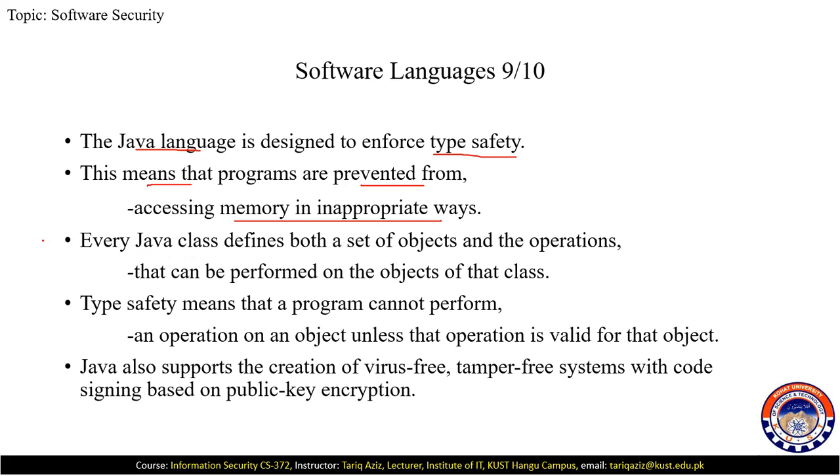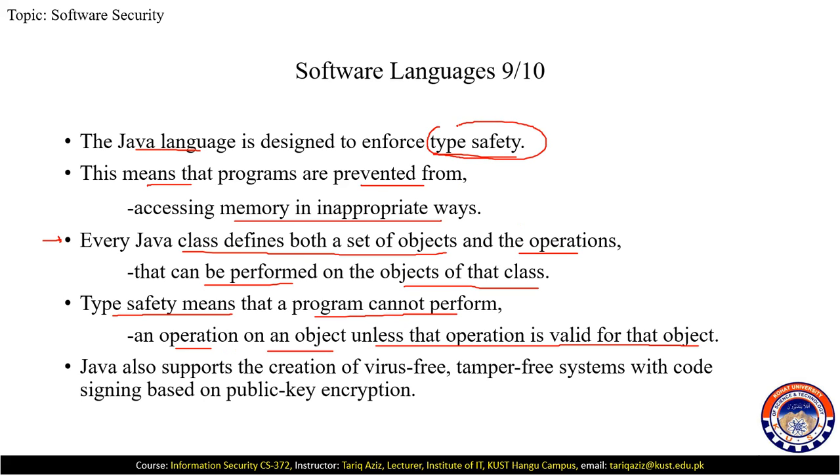This point is with respect to Java classes and objects. A Java class defines both a set of objects and the operations that can be performed on the objects of that class. With respect to type safety, it means that a program cannot perform an operation on an object unless that operation is valid for that object. So this is the basic concept of type safety in Java.